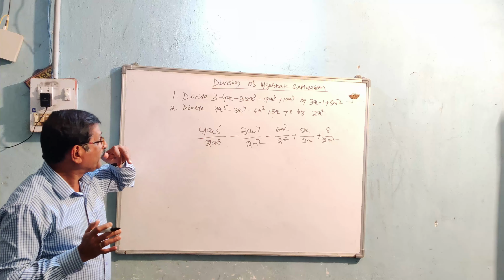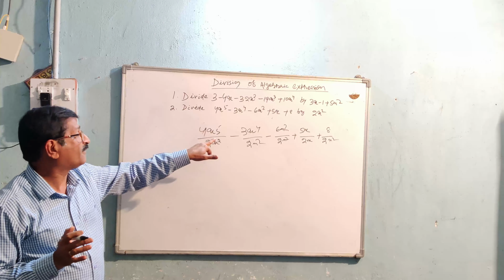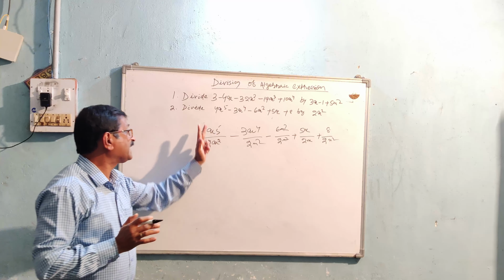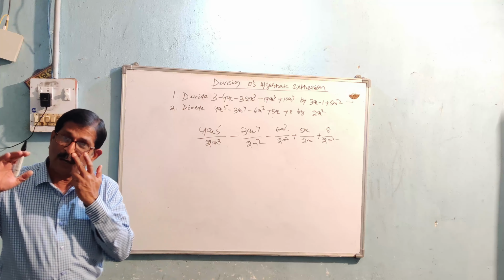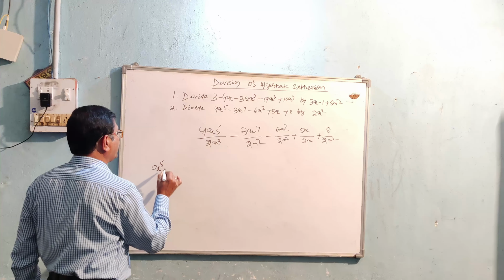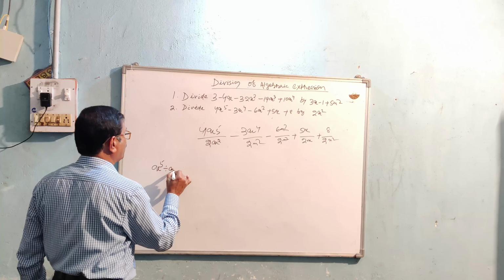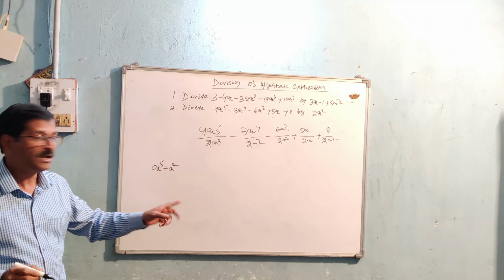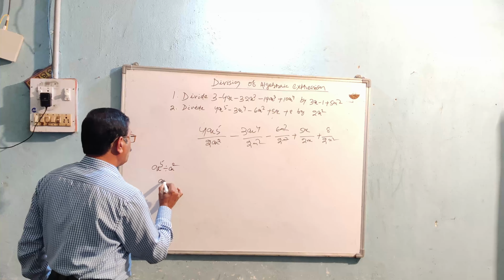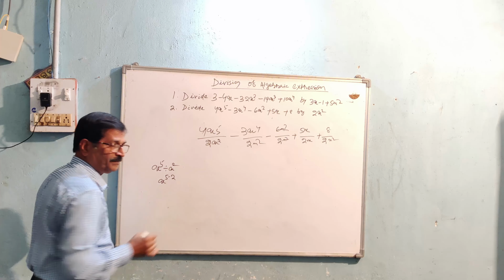In the upper part x to the power 5, in the bottom part x to the power 2, and this is a case of division. You have already read in the previous class that when x to the power 5 is divided by x to the power 2, whenever we have the same base and division, we simply subtract the exponents.